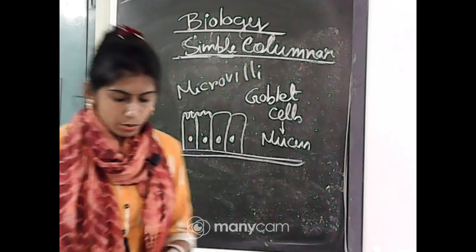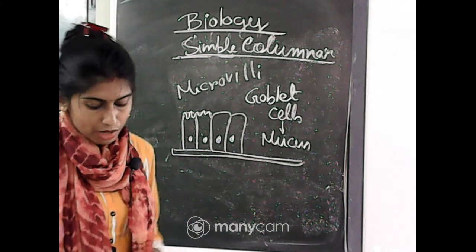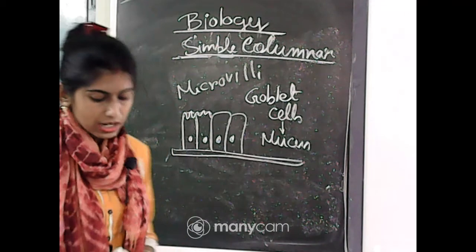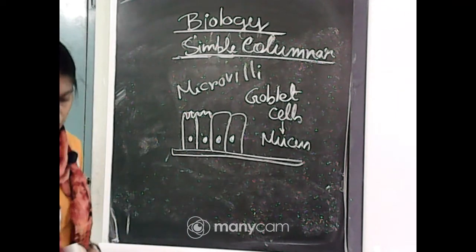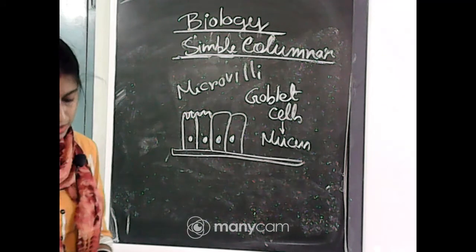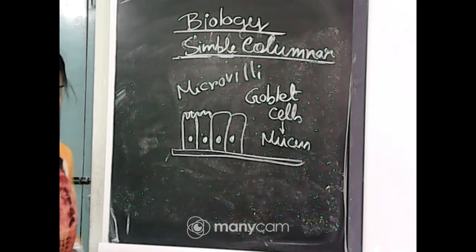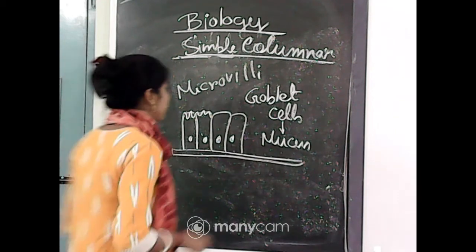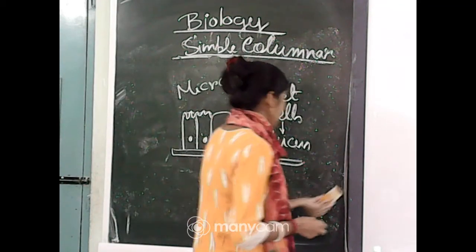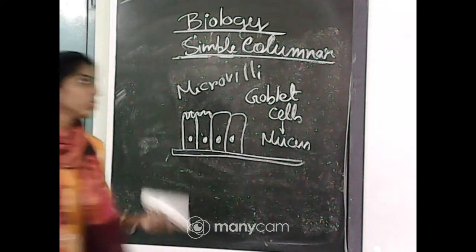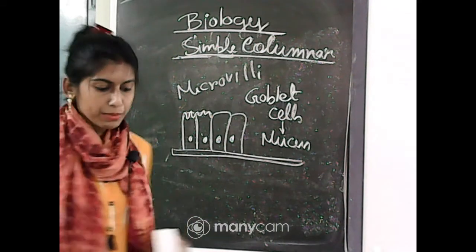So what is the location of this columnar epithelial tissue? They are found in the lining of the stomach and intestine. And what is the function of those cells? They perform secretion and absorption, like cuboidal epithelial tissue. Okay, so this is all about columnar epithelial tissue.